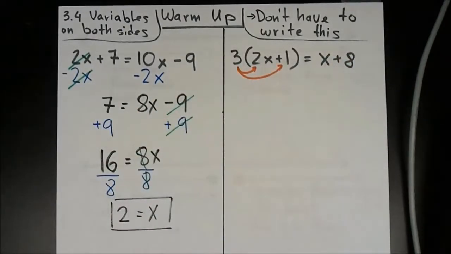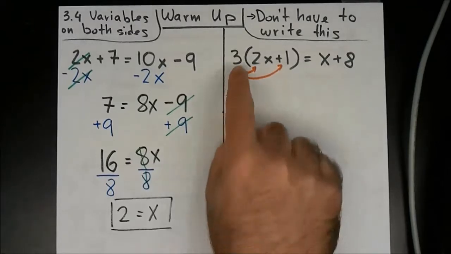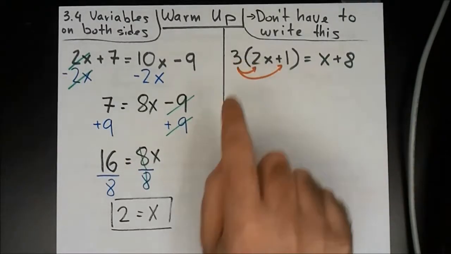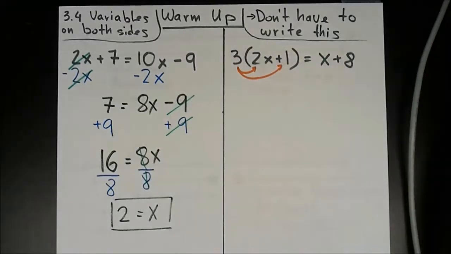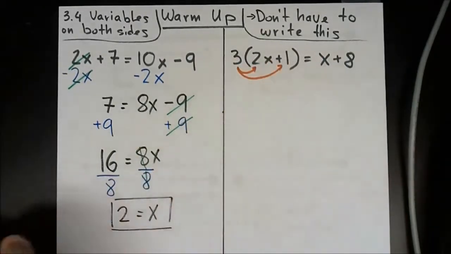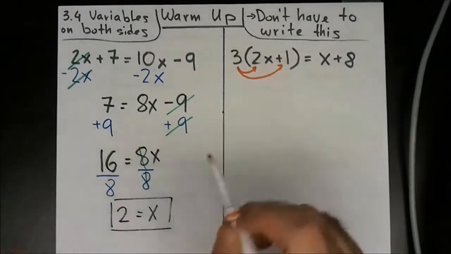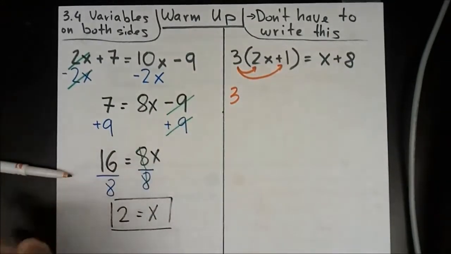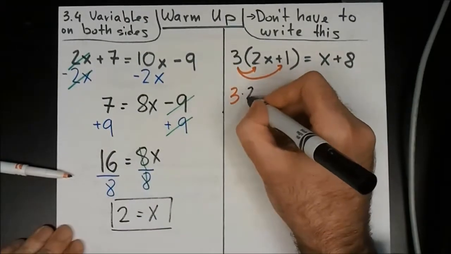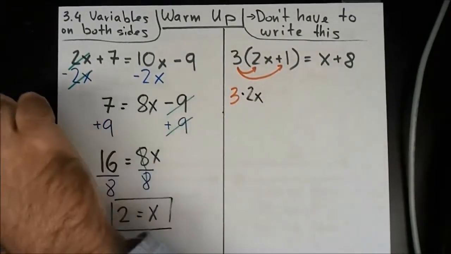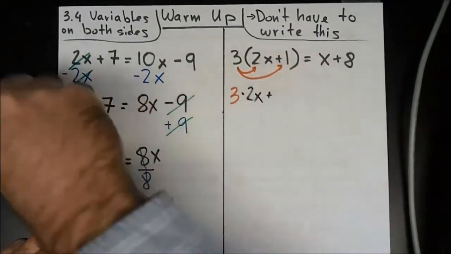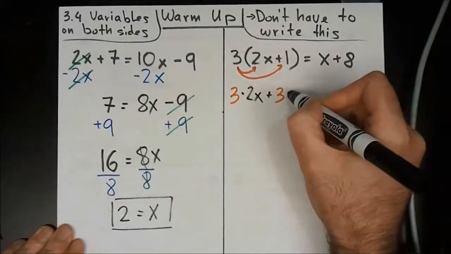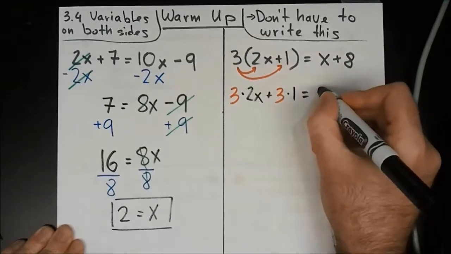And I'm going to do exactly that. I'm going to go ahead and distribute this 3 via multiplication to everything inside, because this 3 is being multiplied by the parentheses. So when I break it down, I have to multiply the 3 into both of the members of the parenthesis. This yields 3 times 2x plus 3 times 1, and all that equals x plus 8.